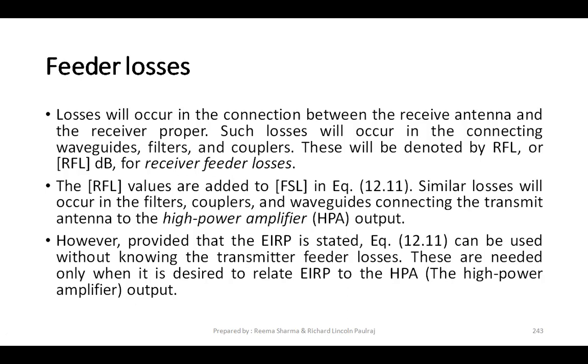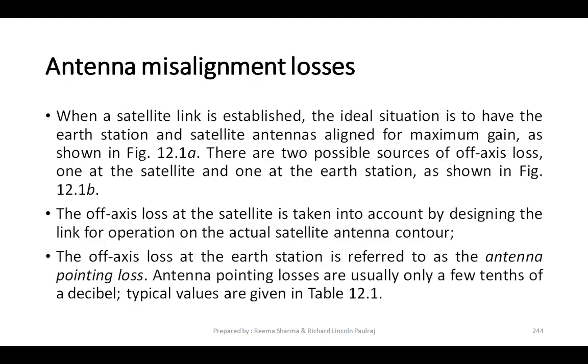However, provided that the EIRP is stated, it can be used without knowing the transmitter feeder losses; these are needed only when it is desired. So if these losses occur, then only will you use this formula. If not, you will use the previously mentioned formula for the uplink and downlink.